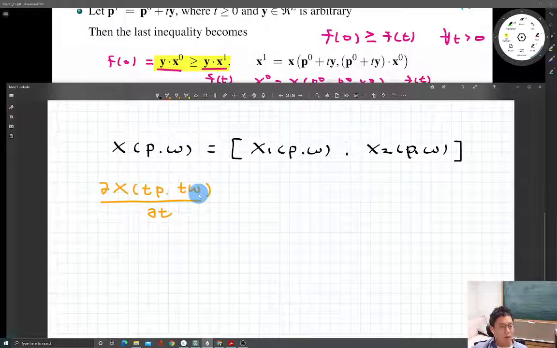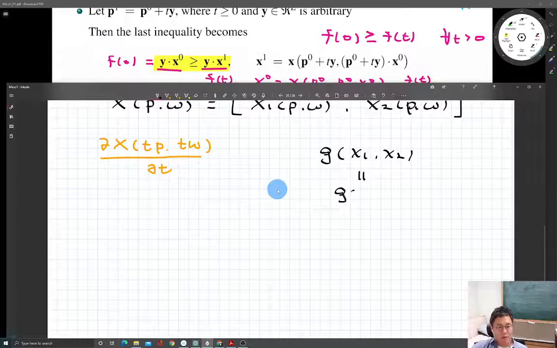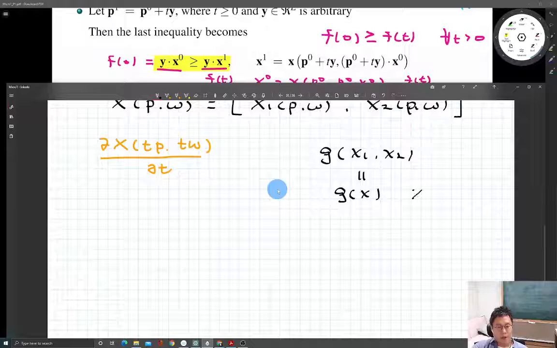The way to calculate a multivariate function's derivative is, let me start with a very simple example. Suppose that we have function g depends on x1 and x2. Let me rewrite this in vector form. So here vector x is x1 and x2.